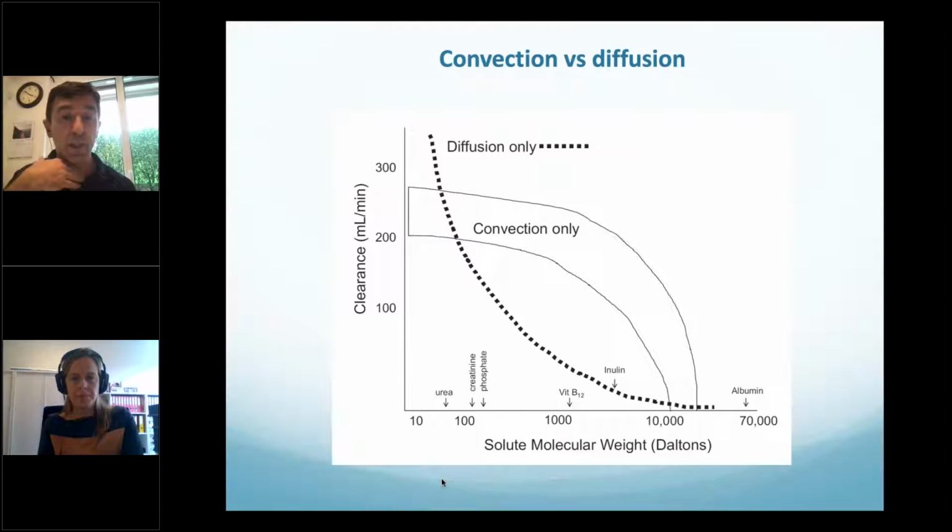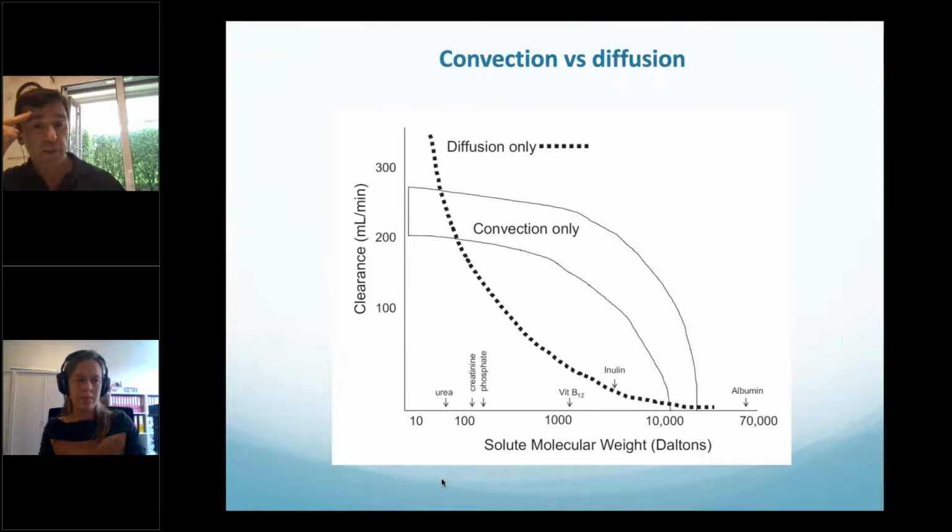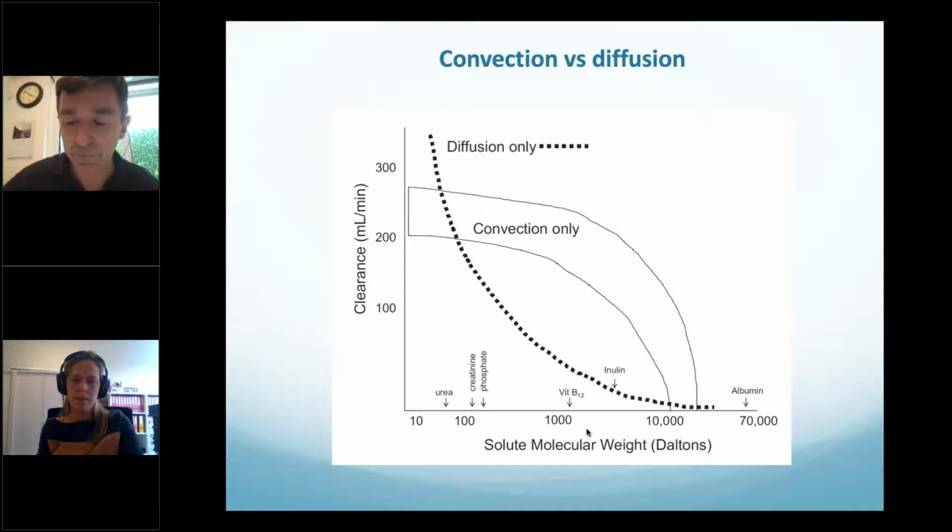So it is very common that if we look at the blood tests of our patients, we can comment, wow, the patient is very well dialyzed because urea and phosphates are perfectly under control. But please don't forget that several uremic toxins are larger or have a middle molecular weight, so they are not affected at all by diffusion. In these cases, we need convection.